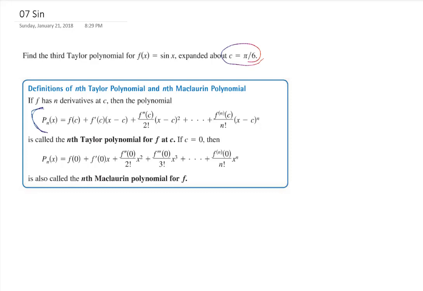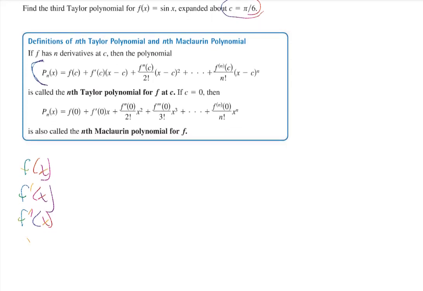And we're only going to the third, so you're just going to need to know f of x, f prime of x, f double prime of x, and then f triple prime of x. And again, you'll see a pattern to it. So do that. Pause the video, see what you come up with for that.